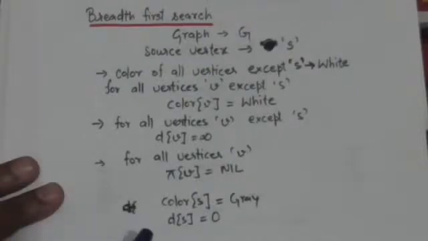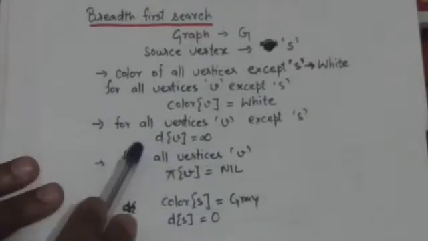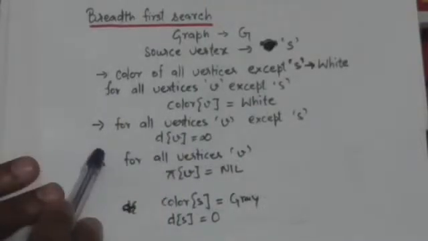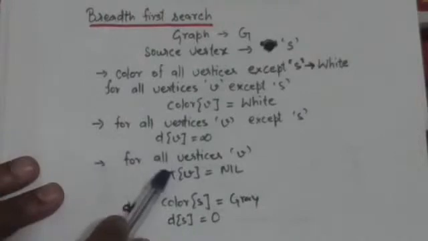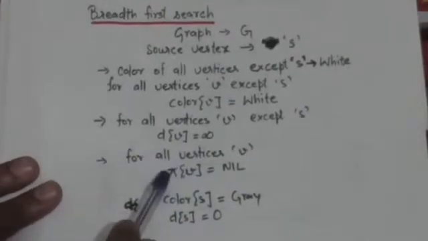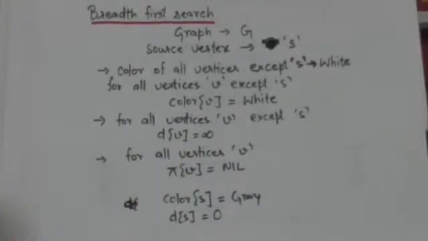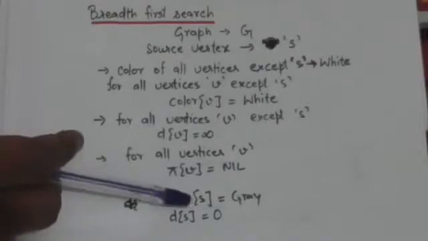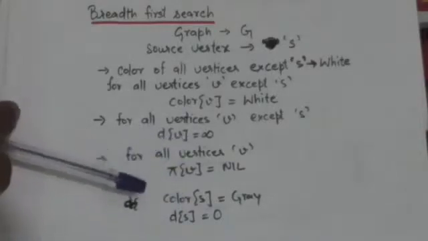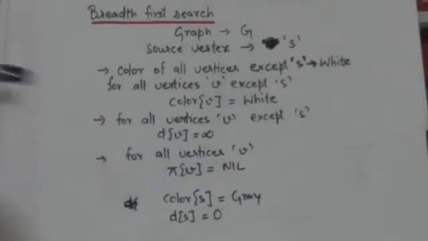The predecessor of all vertices will be set to nil. So for all vertices v of graph G, including the source vertex S also, the value of pi[v] will be nil. Now, the color of source vertex S is set to gray, and its distance from the source vertex S is set to 0.